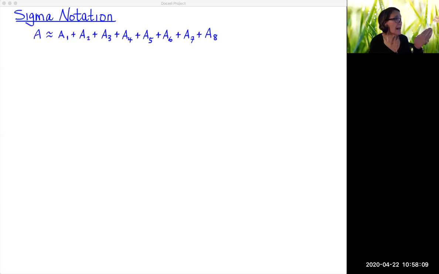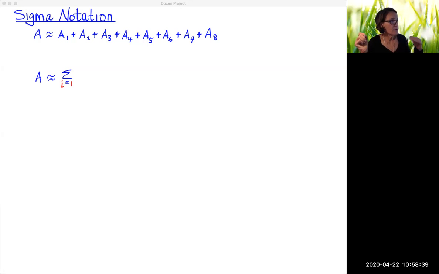If I want to add up 8 things, and they all have some sort of pattern, like A1, A2, A3, A4, they each have a subscript that's a positive integer, and the positive integers go from 1 to 8. So they start at 1, they go to 8. The notation we can use is called sigma notation. And we write capital sigma, and that stands for sum.